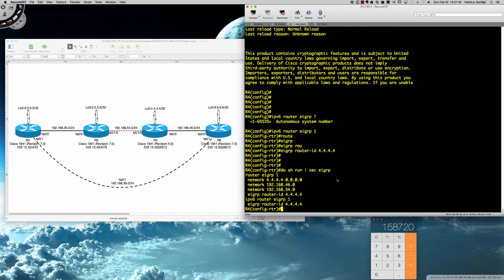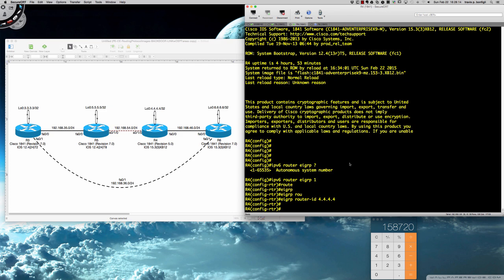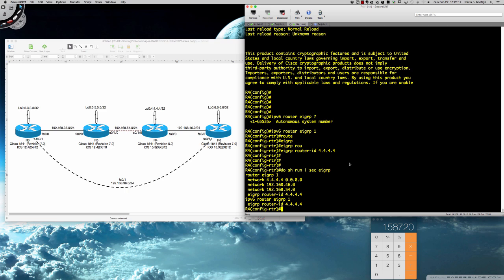Is my process shut down? It is not. So that is a significant difference that you definitely want to keep in your back pocket: with the 15 branch of code, and again, I'm running 15.3, and I obviously haven't tested every release in 15, but generally in 15 code, the EIGRP for IPv6 process should not be in a shutdown state when you do your configuration under the IPv6 router EIGRP global config section, like we just did right here.